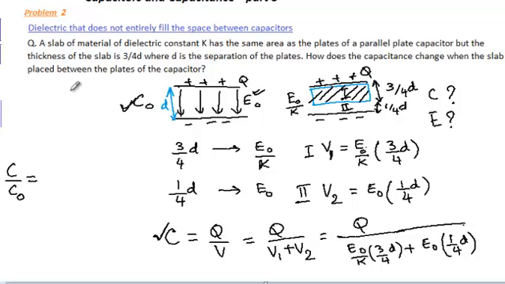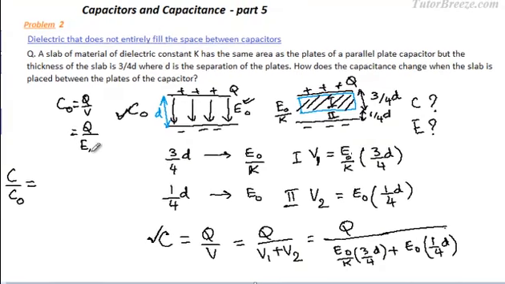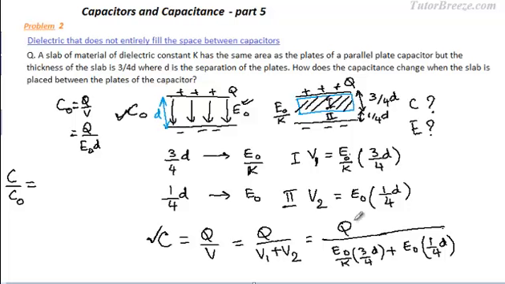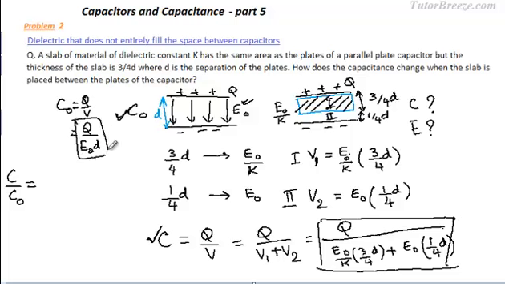C naught would be Q over V, and V is E naught times D. Now using this value for C and this value for C naught, since the Q, E naught and D cancel out, you get C over C naught equals 4K over K plus 3, or the new capacitance C is C naught times 4K by K plus 3.